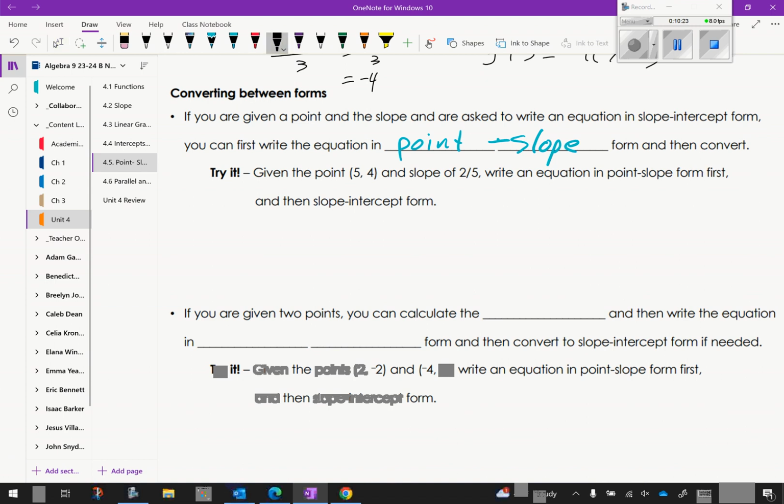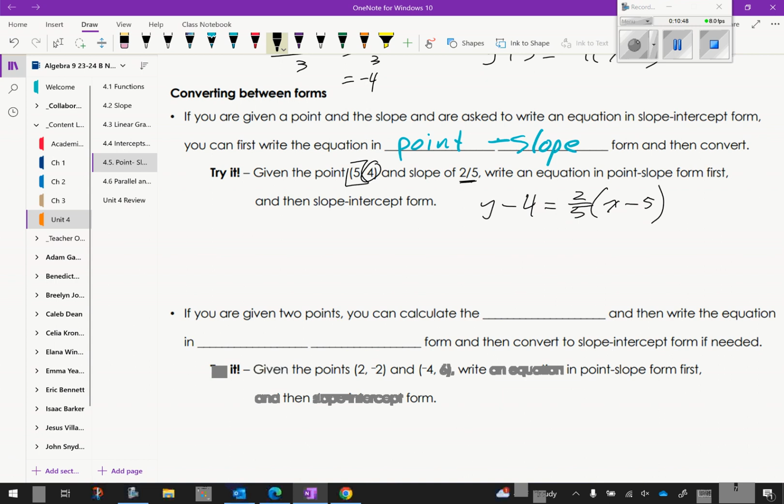Okay, so we're going to take y minus, again, the y coordinate of our given point is 4, is equal to, they said the slope was 2/5 times x minus the x coordinate of our given point is 5. So here's the equation of this line in point-slope form.